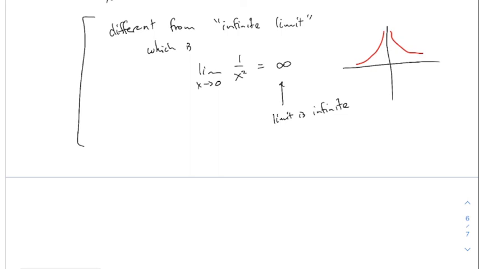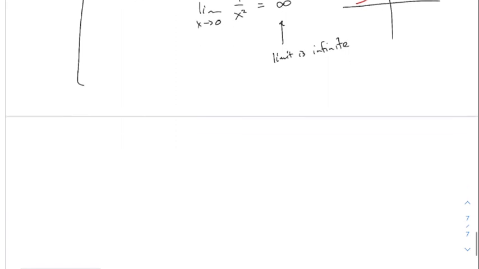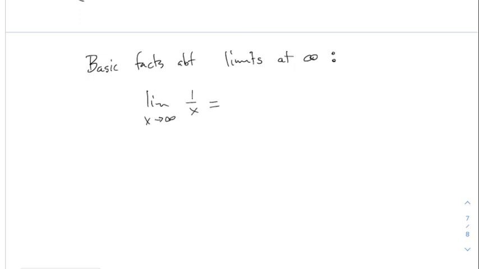And let me just tell you, in our remaining 6 minutes, basic facts. I will tell you 3 basic facts about limits at infinity. It won't take 6 minutes. This is not complicated at all. This is the most basic of the basic facts. Limit as x goes to infinity of 1 over x.